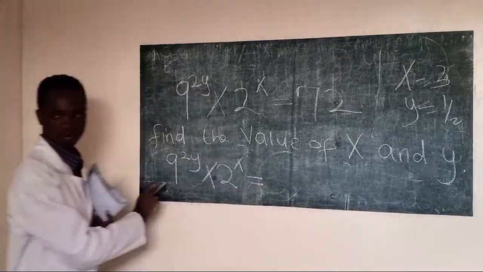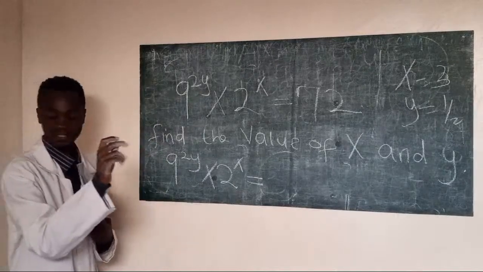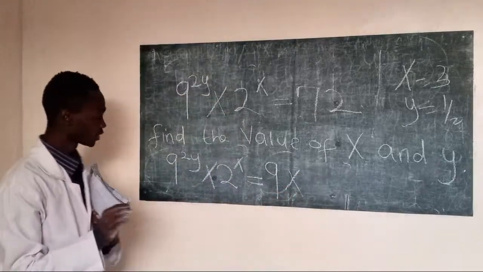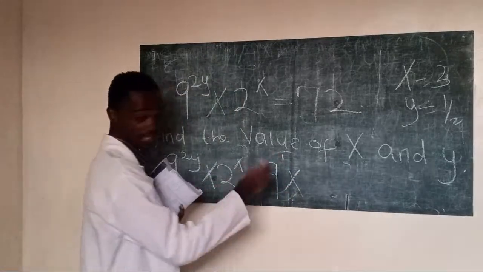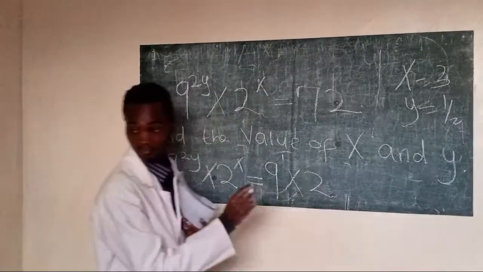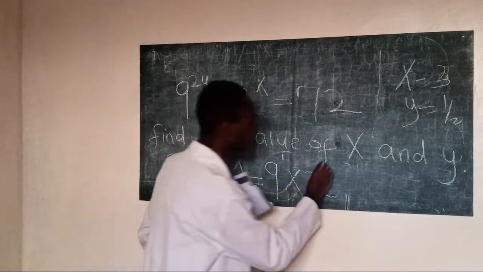Let us start with the one for 3 squared, si ndio? 3 squared is 9. Haya 9, so 9 to power 1, ndio 3 squared. Then we move on to the one for 2, which is 2 to power 3.